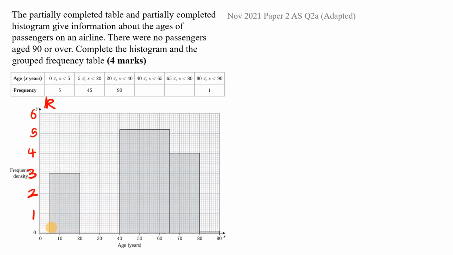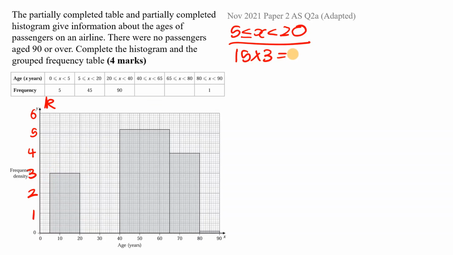So this bar here is between 5 and 20, so I'm just going to write down that we're focusing on the 5 to 20 interval. It has a width of 15, and this is multiplied by the height, and we can see that it comes up to 3.